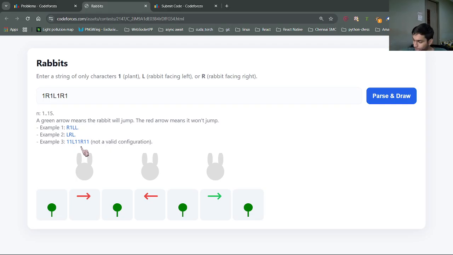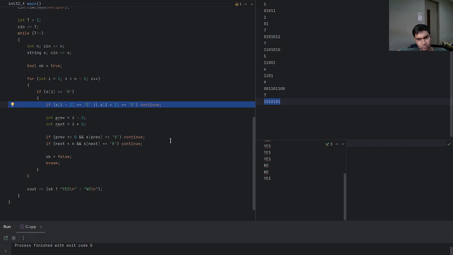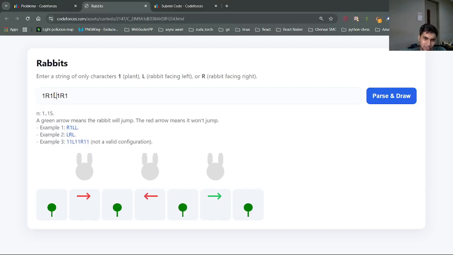So, are you sure we're not missing something here? Definitely not. There is no way. Right.